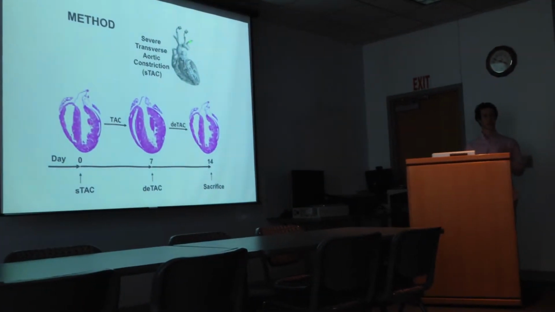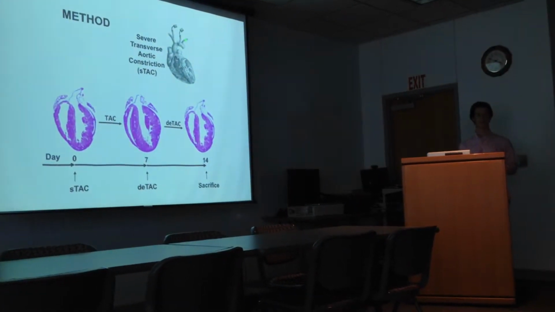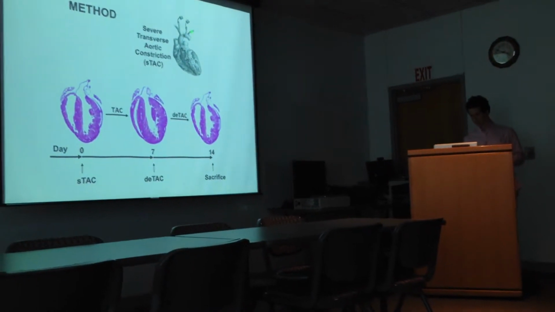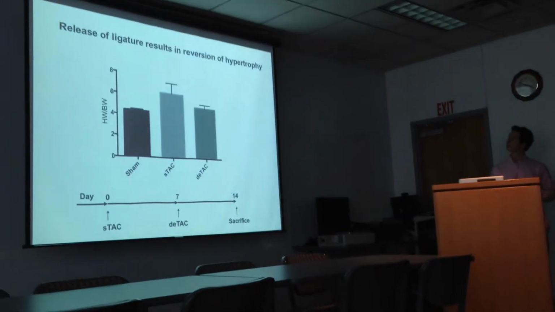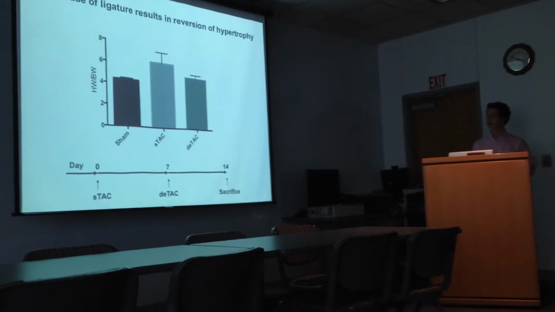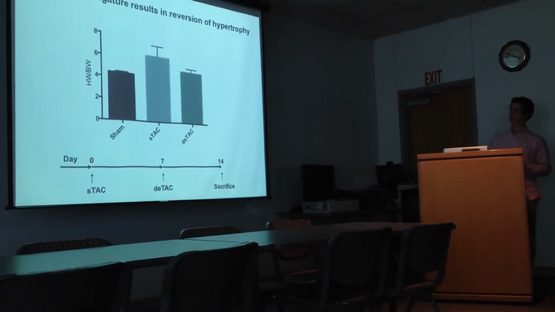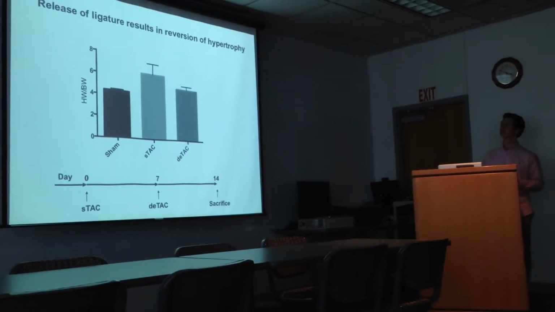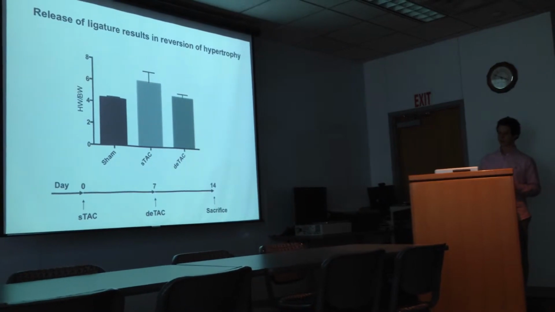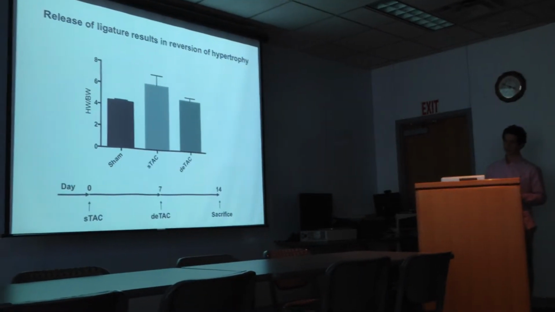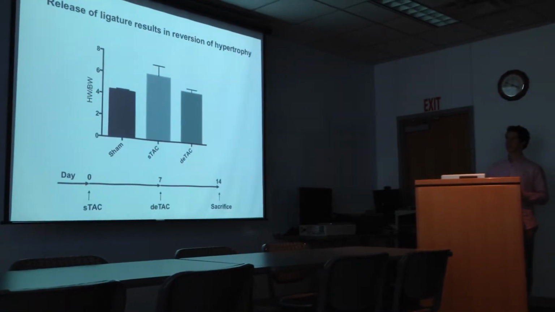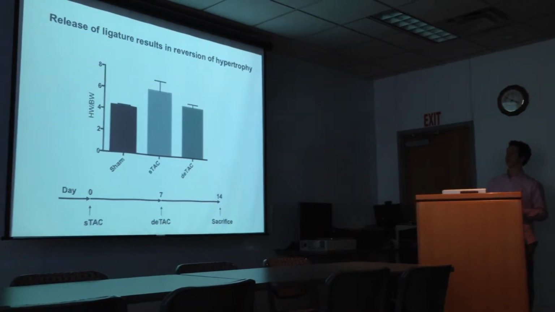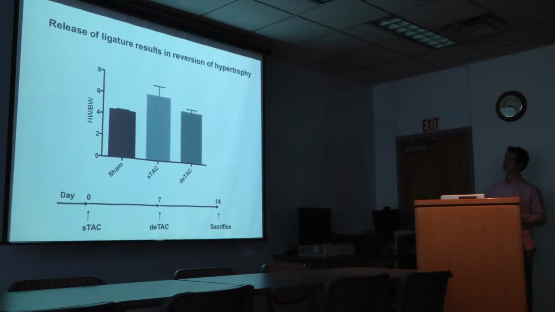I'd like to thank Herman because he conducted all the surgeries on the mice. We examined regression of hypertrophy by heart weight to body weight ratios. Although in the figure the data is not significant, it's clear that there was a regression of the heart after removal of the TAC.